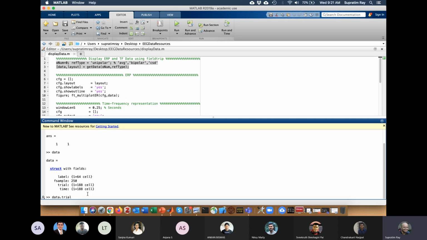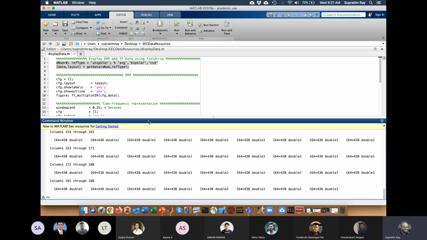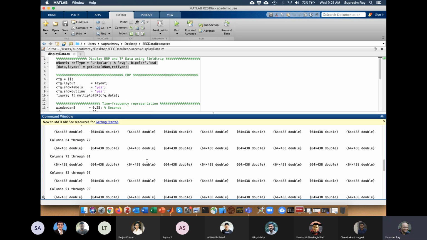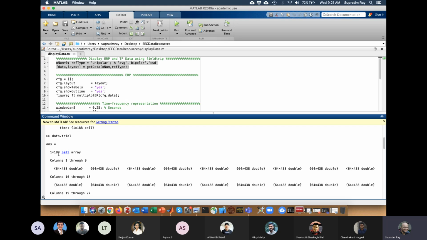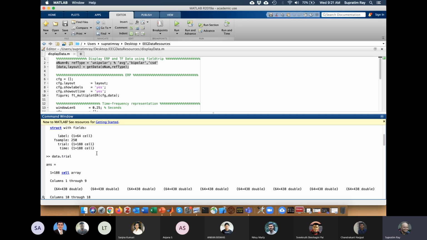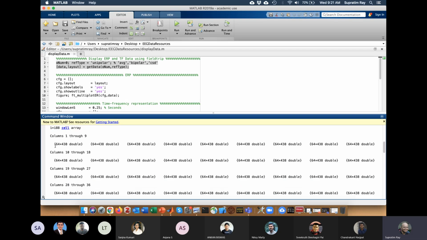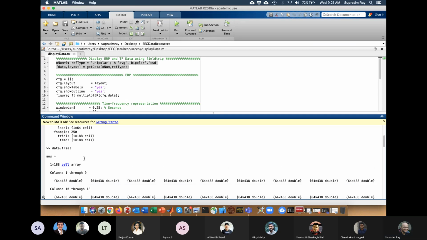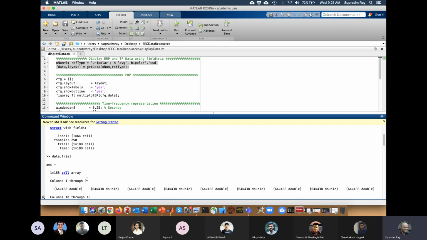Notice the layout here. This data.trial has 188 entries. What is 188? It's the total number of trials that we have. Each trial corresponds to a matrix of 64 by 438: 64 electrodes and 438 data points. And this time tells you what those data points are.